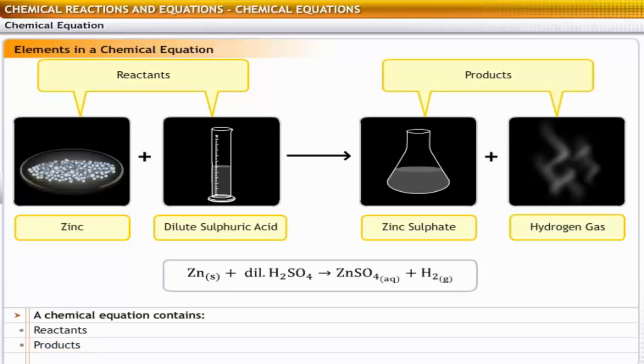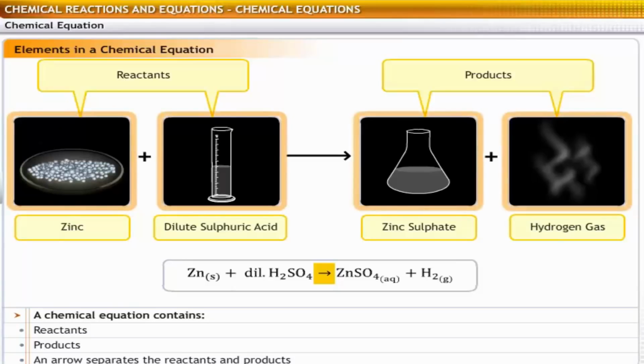For example, in the equation, zinc sulfate and hydrogen gas are the products. Hence, they are on the right. An arrow separates the reactants and the products, and also indicates the direction of the reaction. Thus, in the reaction you saw, the arrow indicates that zinc and sulfuric acid react to form zinc sulfate and hydrogen.